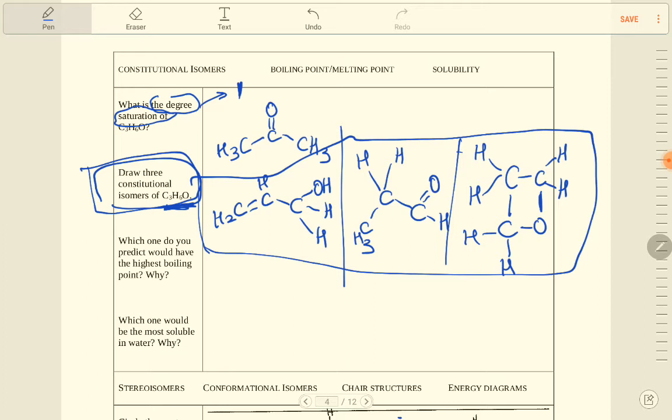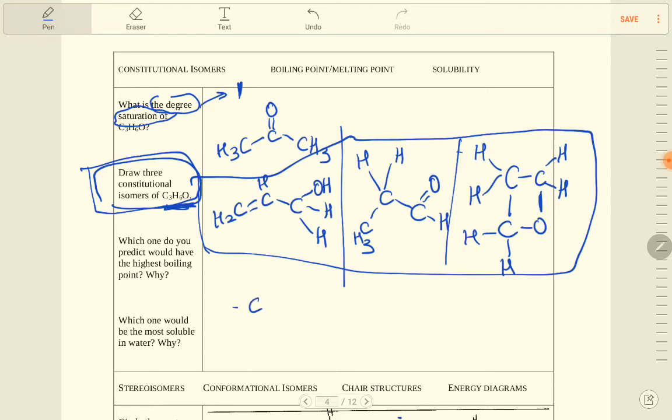Alright, so which one do you predict would have the highest boiling point and why? When you look at the one that has OH, that will give the highest boiling point. So I'm going to draw that here.